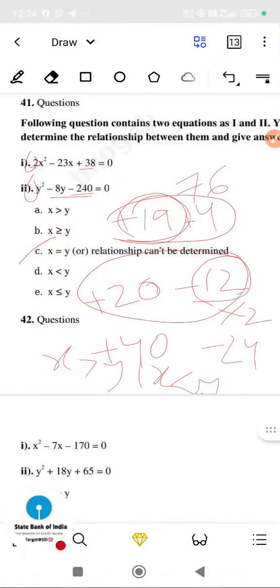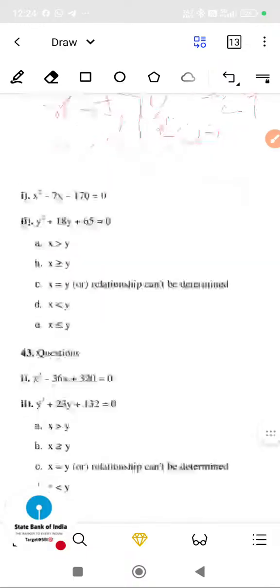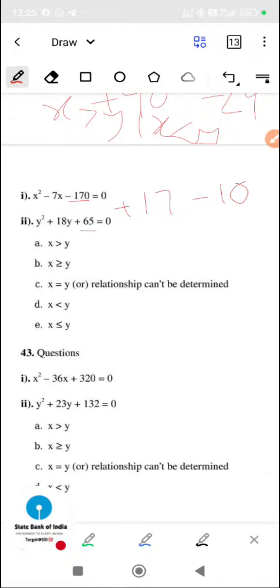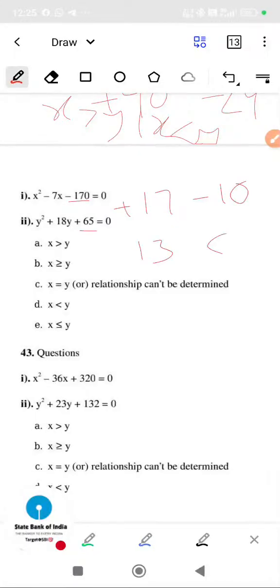Next we are going to see question number 42. Here we see 170. So 17, 10 times will be 170, and here we see minus and minus means plus and minus are the root signs. Next here we see 65. 13, 5 times is 65.